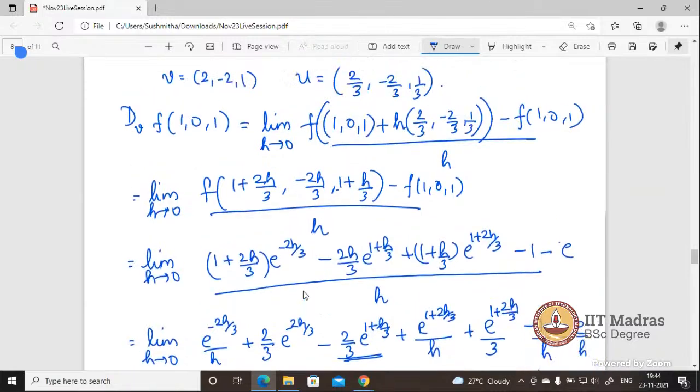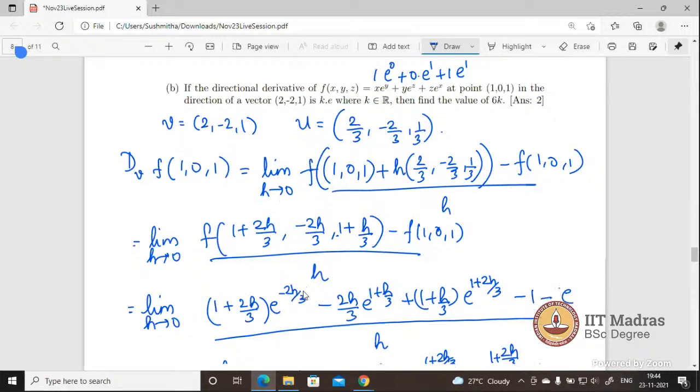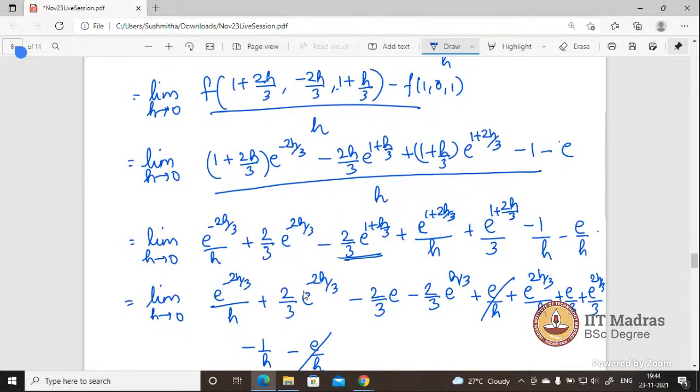Plus 2h by 3 into e power y minus y... this power by h plus 2 by 2 minus 2 plus by h plus.